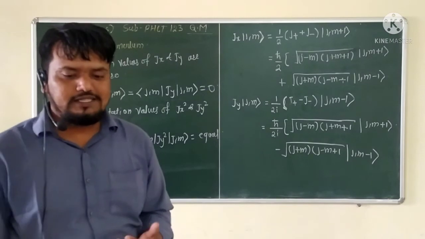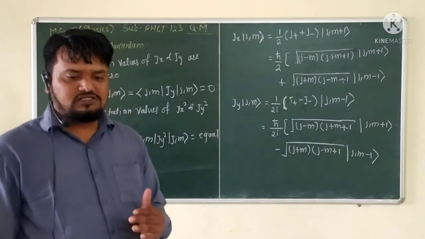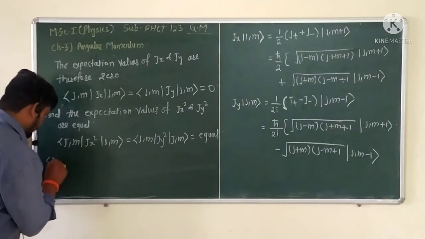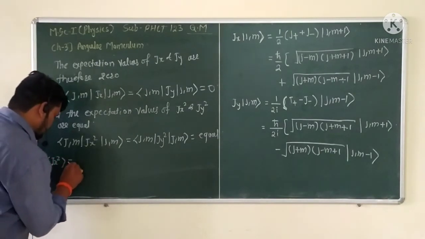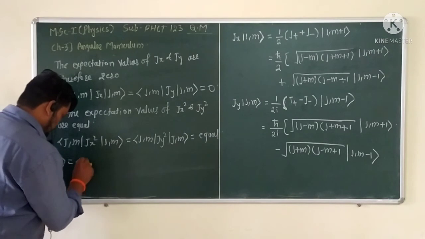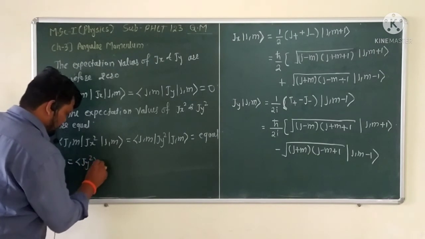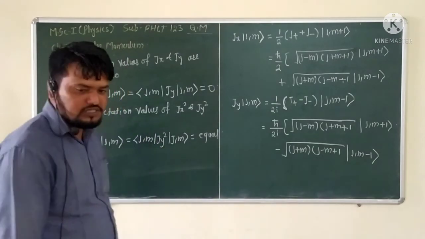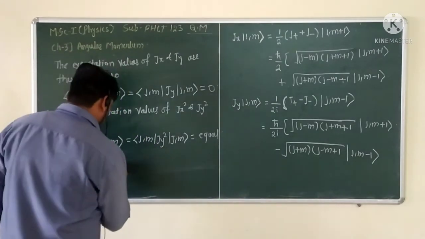The expectation value of Jy square is nothing but this value, 1 by 2.